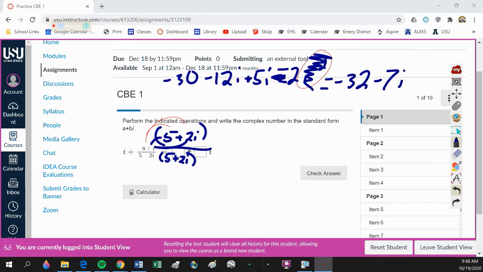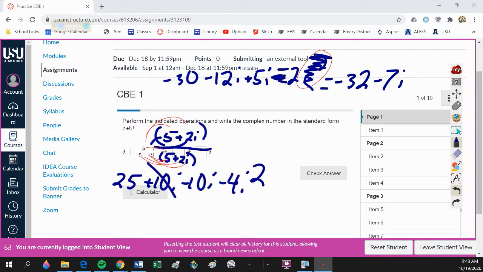All right, the denominator turns out to be really easy. I get 25, and then this will be 10i, and this will be -10i, and this will be -4i squared.